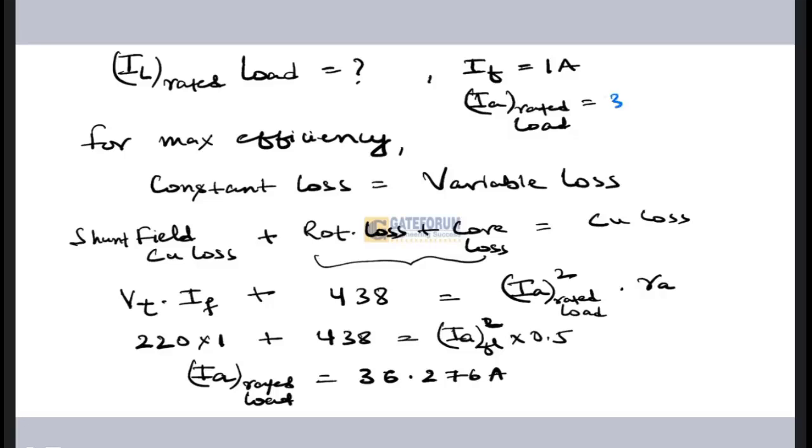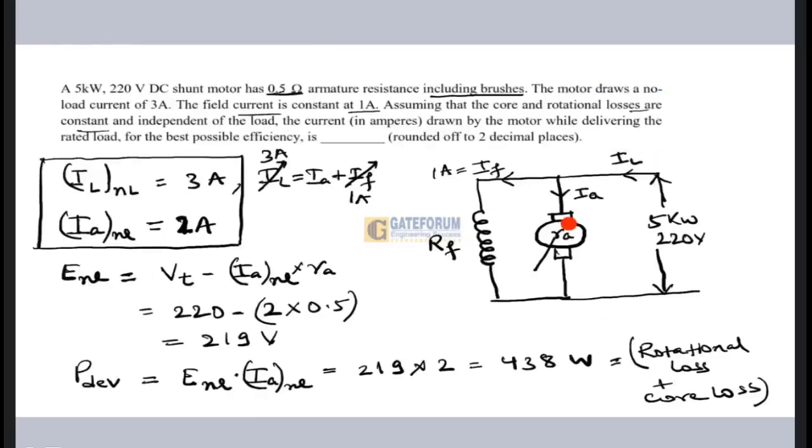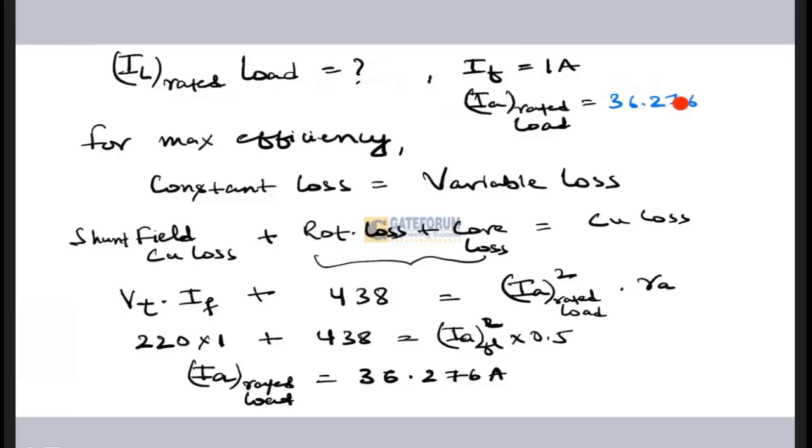So IA at rated load is coming as 36.276. Now you know that IL is equal to IA plus IF. IF is constant, but IA will be changing with the load. So IL at rated load will be IA at rated load plus IF, so 1 plus 36.276 gives you 37.276 ampere.